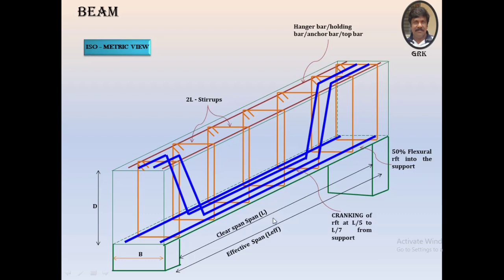Now our duty is to find out the total quantity of this main reinforcement, that is 2 straight bars, 2 bent up bars, 2 straight bars provided at the top called anchor bars, the stirrups, the quantity of stirrups along with the bends and hooks. All these things we have to find out.